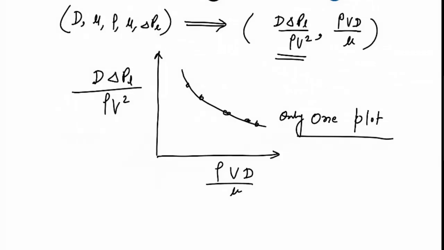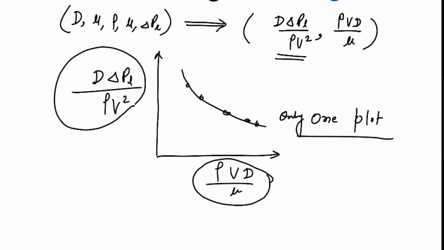So now I can perform the experiment. The advantage is you don't have to look at each variable. You don't have to change the pipe diameter. You don't have to change the fluid, because now you are working with this variable. So you can keep these same. You can keep fluid viscosity same. You can change other variables.